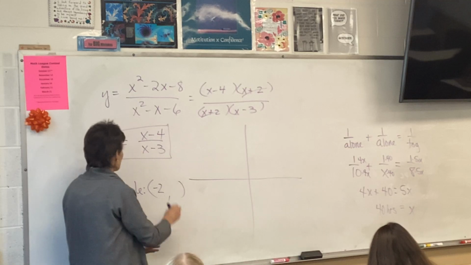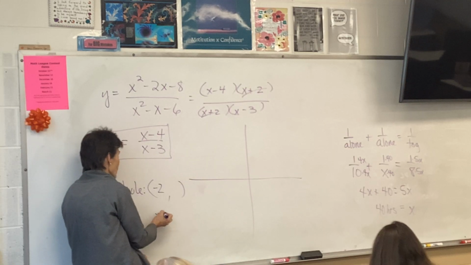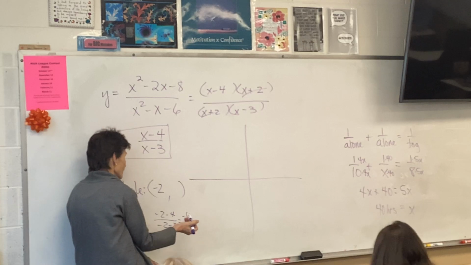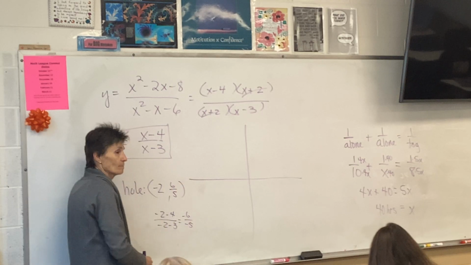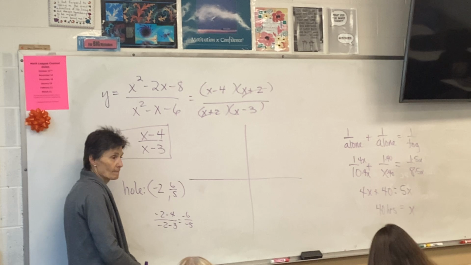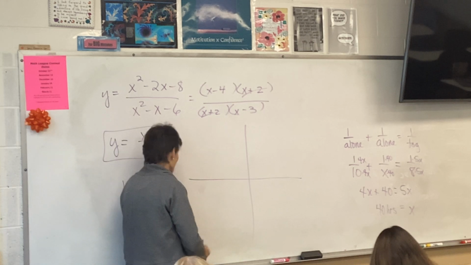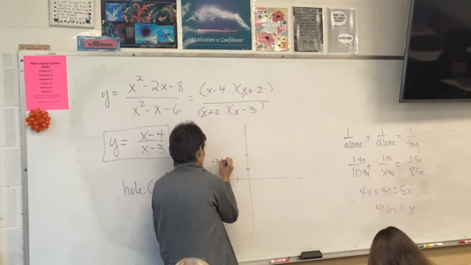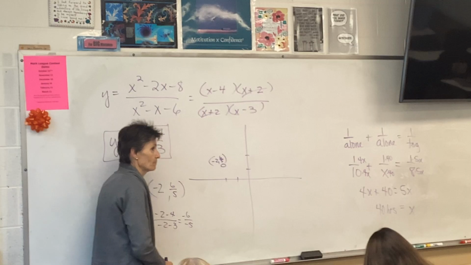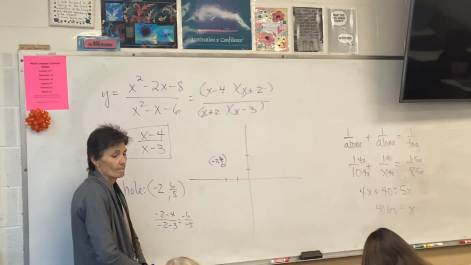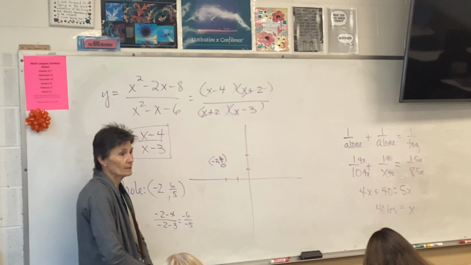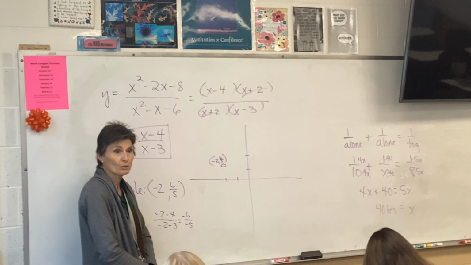Plug it in, so (-2 minus 4) over (-2 minus 3) is -6 over -5, so 6/5. So we'll put that in my picture: (-2, 6/5). If you're not sure where to put 6/5, you can type 6 divided by 5 in your calculator, it'll say 1.2, so that's where you put it.